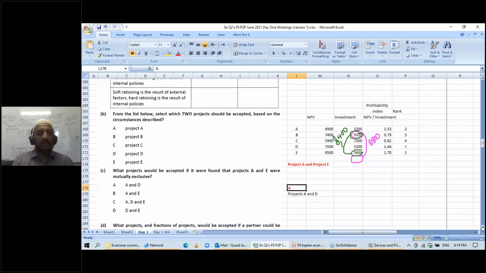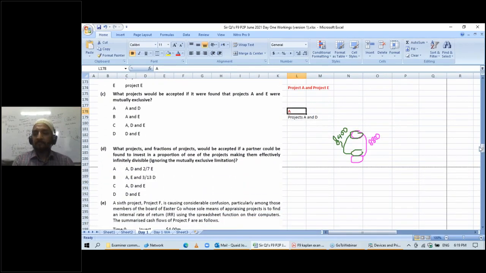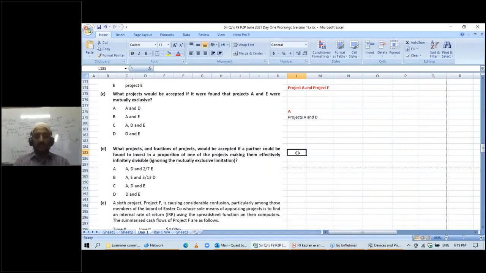Okay. Now moving on to the next part. So students, in the next part, which is requirement D, what projects and fractions of projects would be accepted if a partner could be found to invest in a proportion of one of the projects, making them effectively infinitely divisible.